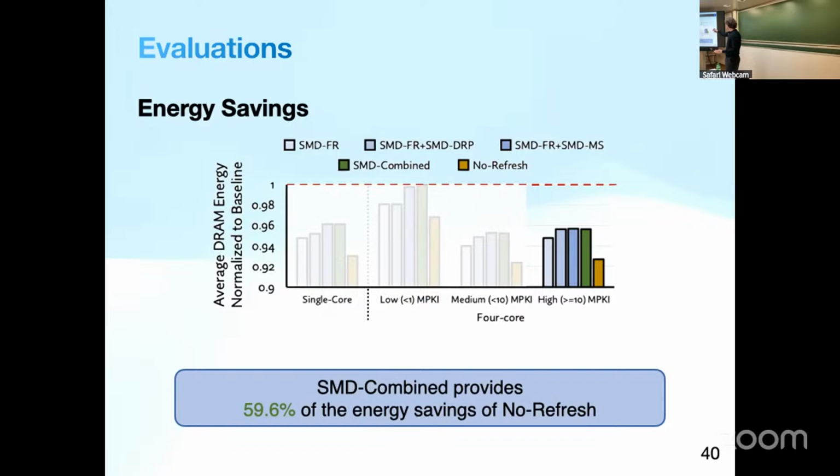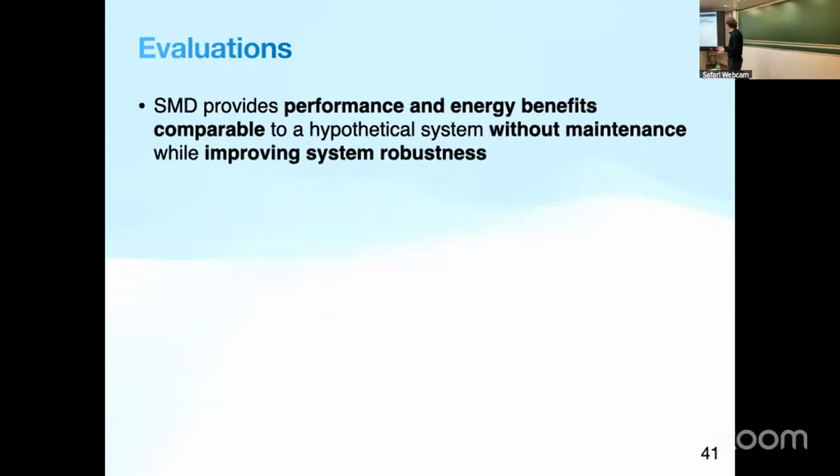However, on all other types of loads that were tested, SMD combined provides about 60% of the energy savings of no refresh, and that would be about 96% of the energy used by the normal DDR4 chip. Now, we see SMD provides performance and energy benefits that are comparable with a hypothetical maximum or best system that doesn't have to do any work.